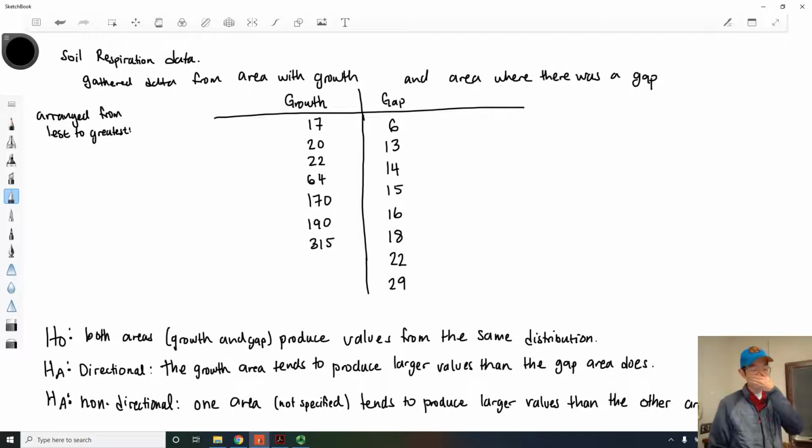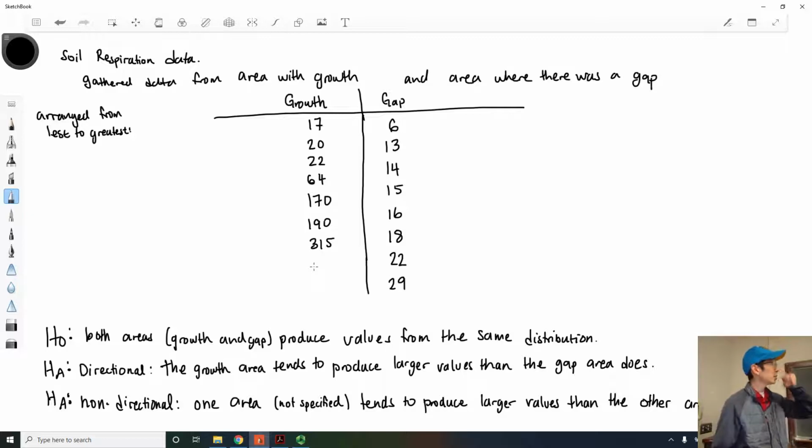When we look at it, we've got a small data set, 7 numbers from the growth area. We've got 17, 20, 22, 64, and then numbers like 190 and 315, so maybe these are outliers, or it doesn't seem like they're coming from a normal distribution.